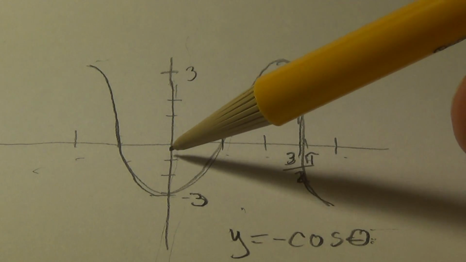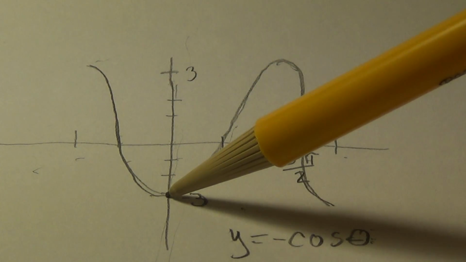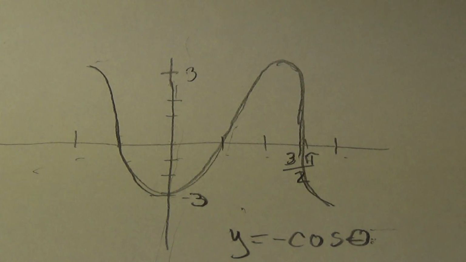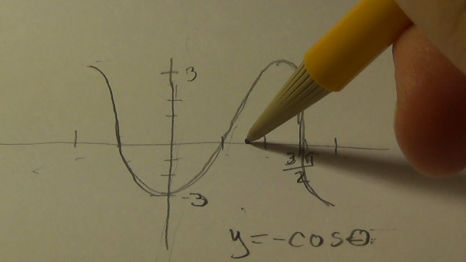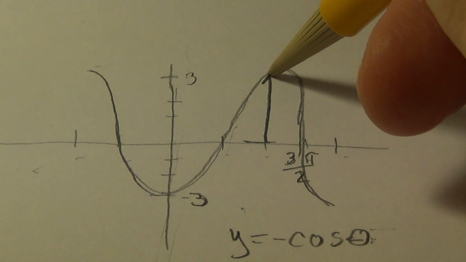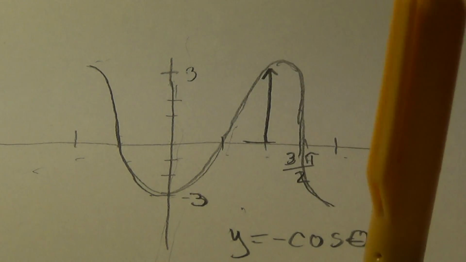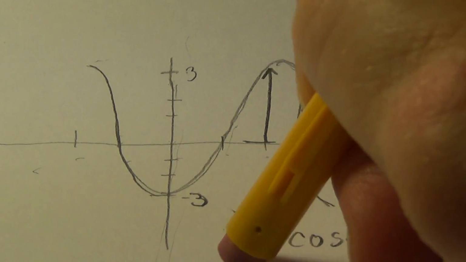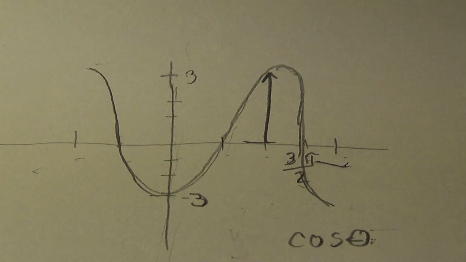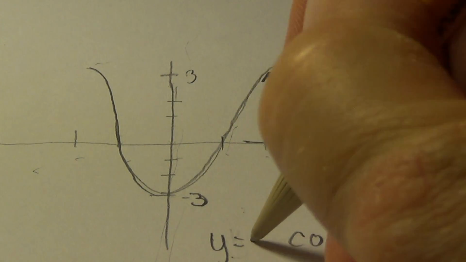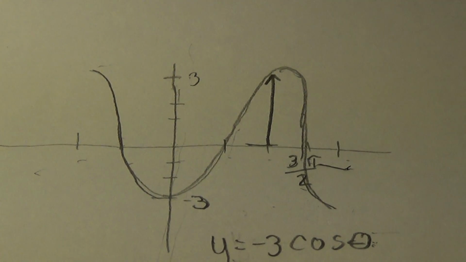We see that this function goes down to -3 and up to +3. So therefore, it has an amplitude, always measured from the center line to the highest point, of 3. So that will go in front of the cosine as well, and it'll take the 3 with it there.